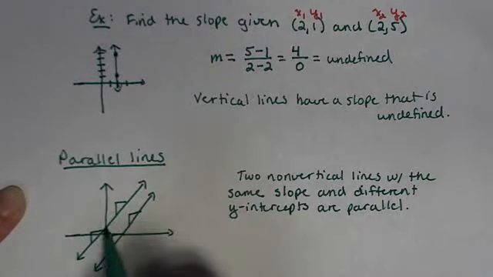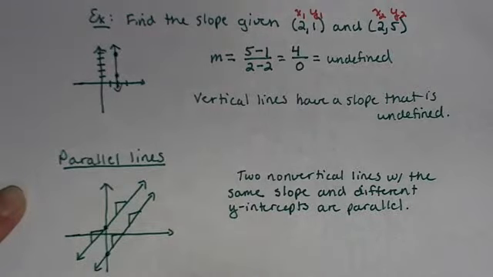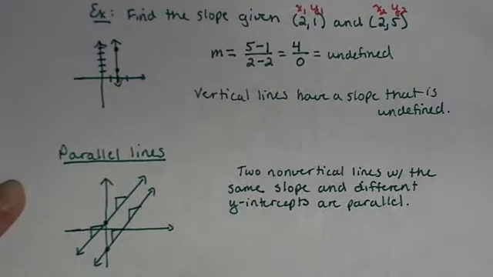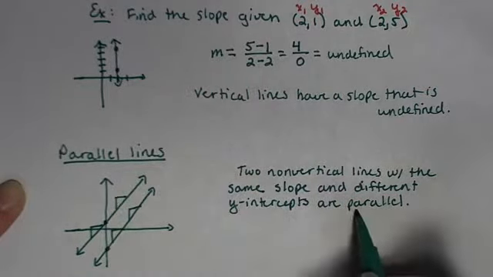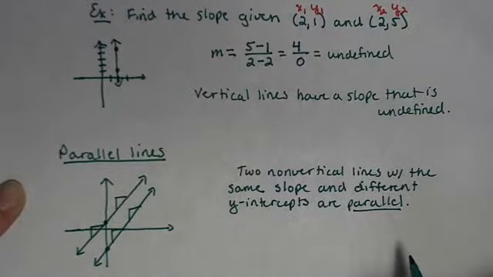Okay, so you'll notice this one has a y-intercept up here, this one has a y-intercept down here. Those are different y-intercepts, but they do seem to have the same slope, and so when they have the same slope, we say they're parallel.